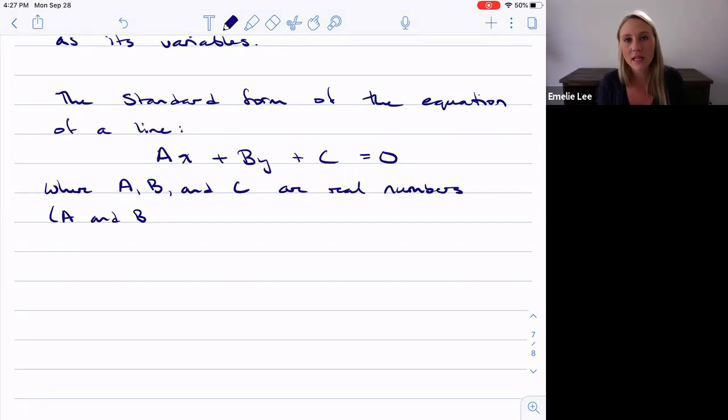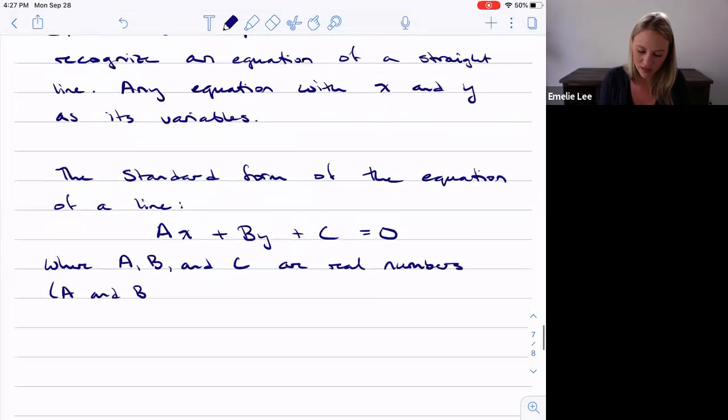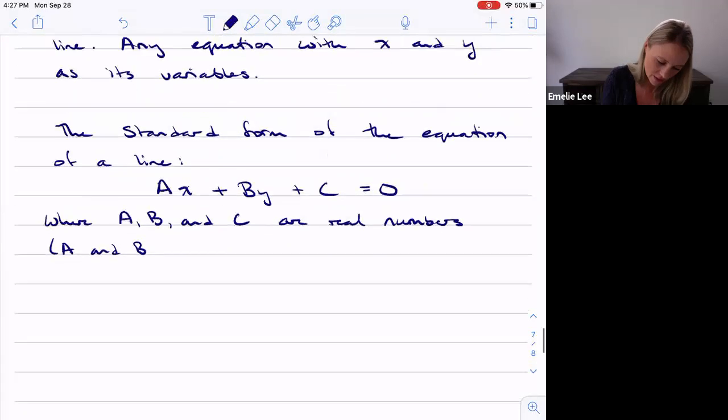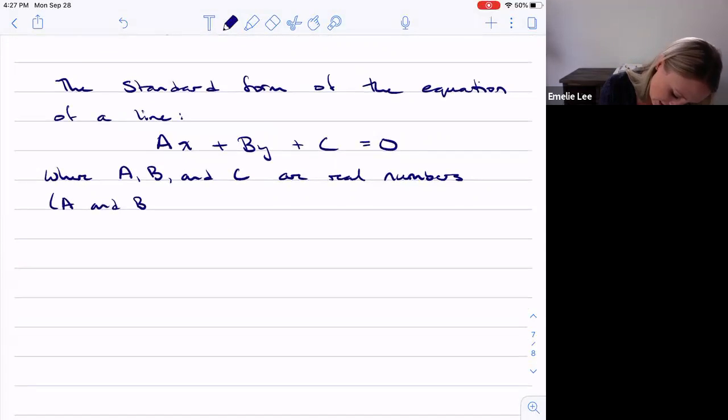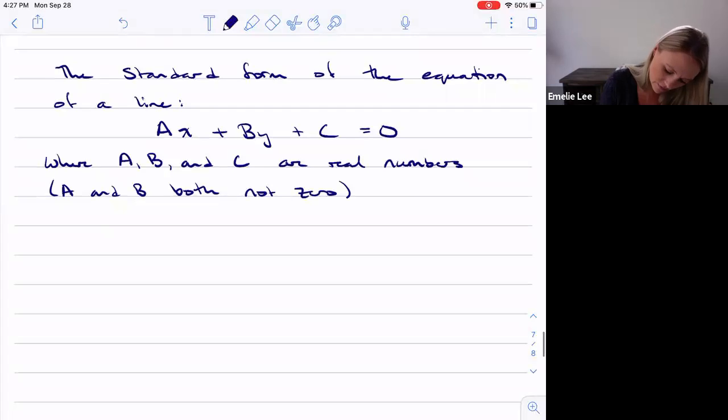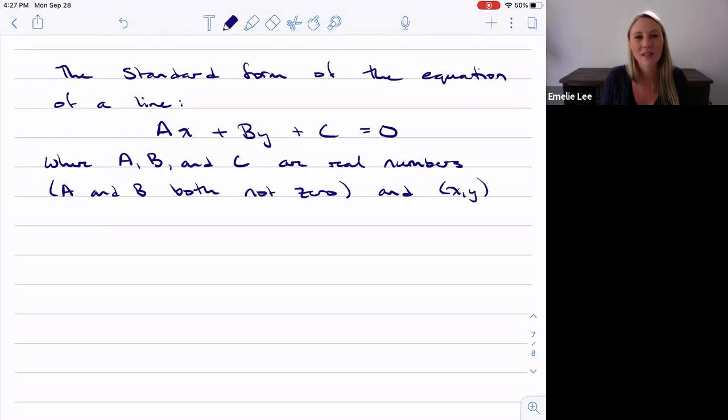If A is 0, then there's only a y, and if B is 0, then there's only an x, and so I'm not looking at x and y as my variables anymore. So that's another condition, that A and B are both not 0. And the ordered pair (x, y), or the coordinate (x, y), is any point on the line.